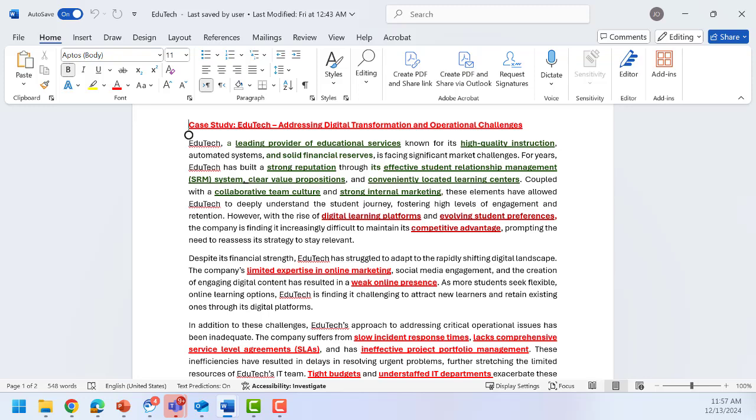However, the rise of digital learning platforms, even though it is still evolving, the company is finding it increasingly difficult to maintain its competitive advantage. It's something that is out there for grabs. It may appear to be negative, but actually it is positive.